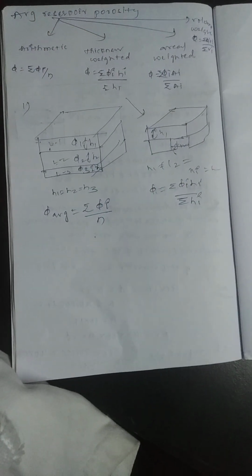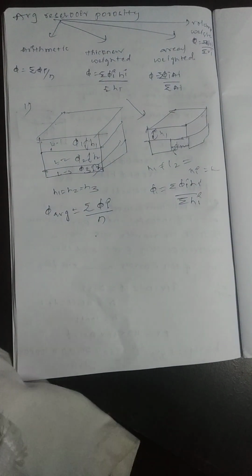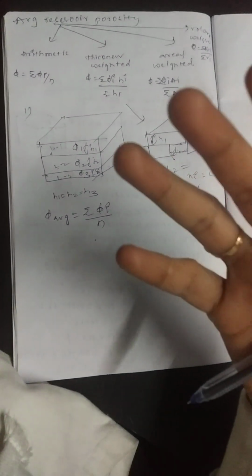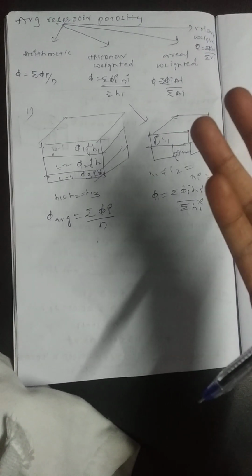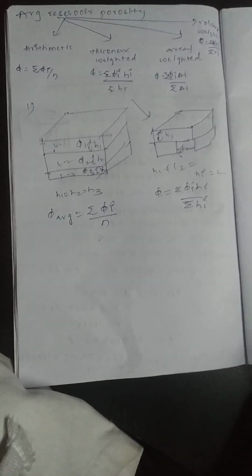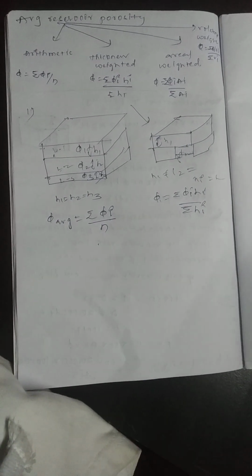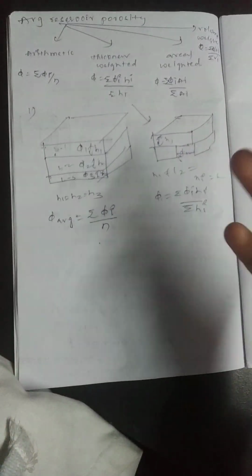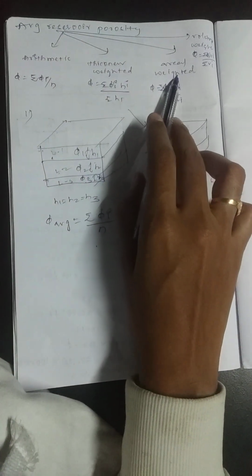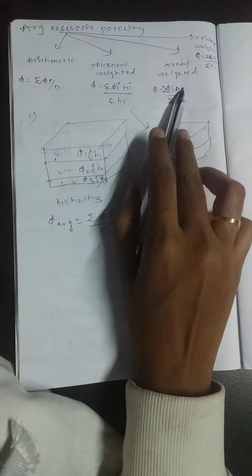Areal weighted is where the porosity varies with area, like for a certain area it is 2%, and for other areas it is around 5%. That is called areal weighted porosity.